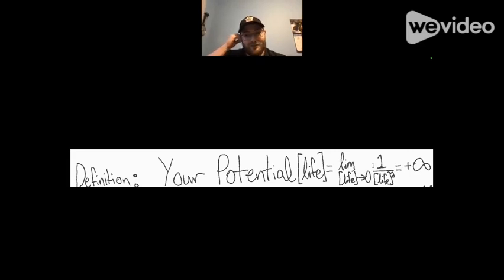So if the function is 1 over life squared, remember that if life is substituted for x here, and we have an even positive power, we know that the limit as x approaches 0 from the right hand side and the left hand side are going to equal positive infinity, because it's a positive function.